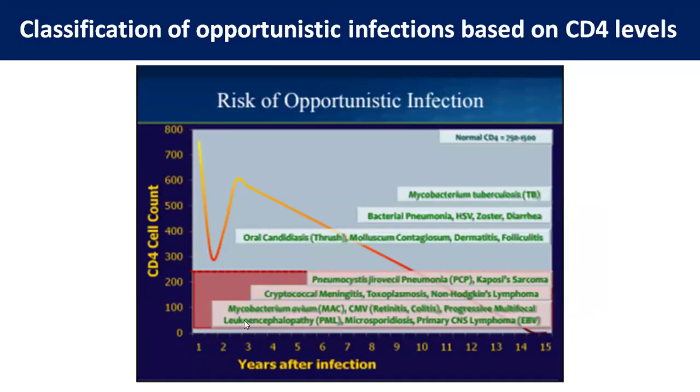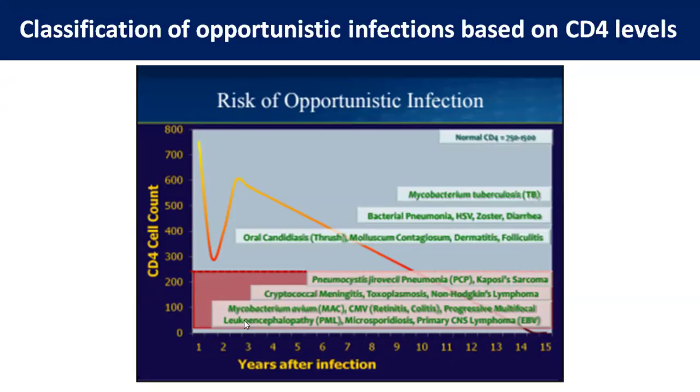Classification of OIs based on CD4 levels. If you look at the graph, even at the highest CD4 cell count, you have Mycobacterium tuberculosis as one of the OIs. Around the same are bacterial pneumonia, HSV zoster, diarrhea, then comes oral candidiasis.